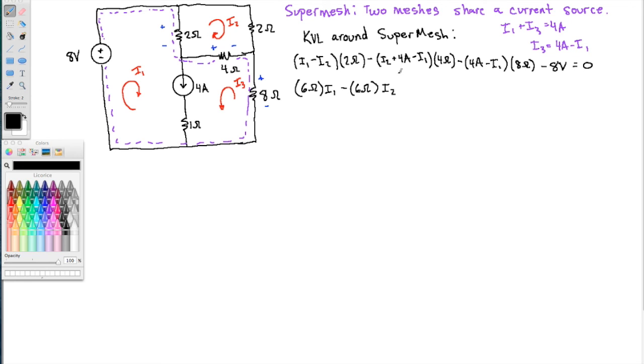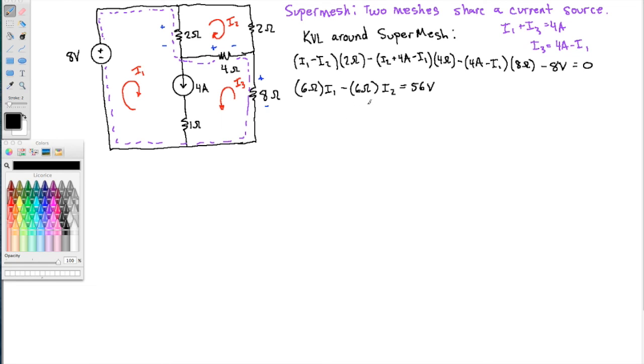For the constant, I've got 4 amps times 4 ohms, that's 16, but the minus makes minus 16 volts. And I've got a minus 32, so that makes minus 48 volts. And then another minus 8, so that makes minus 56. So I'll bring it to the other side, it makes plus 56 volts.